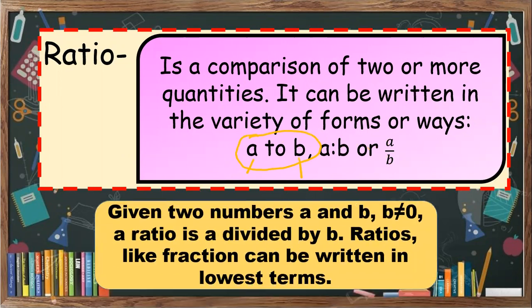Given two numbers A and B, where B is not equal to 0, a ratio is A divided by B. Remember, if B is our denominator, it cannot be equal to 0 because our ratio will be undefined. Ratios, like fractions, can be written in lowest terms.